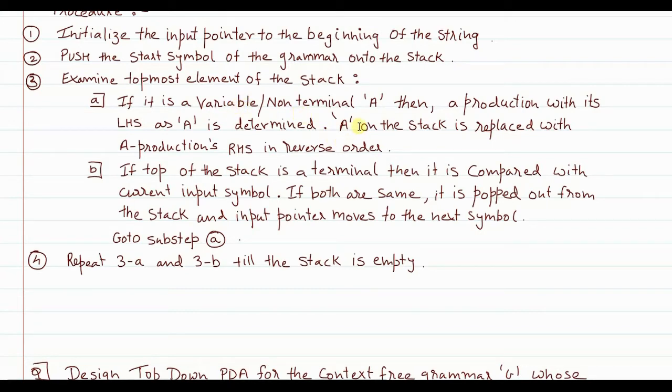Then the A on top of the stack is replaced with the A production's right-hand side. You first find the A production, and if found, then that A which is the topmost element of the stack, you replace it with the right-hand side of that A production, of course in the reverse order.